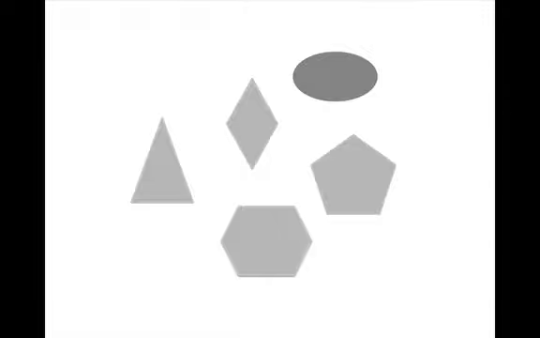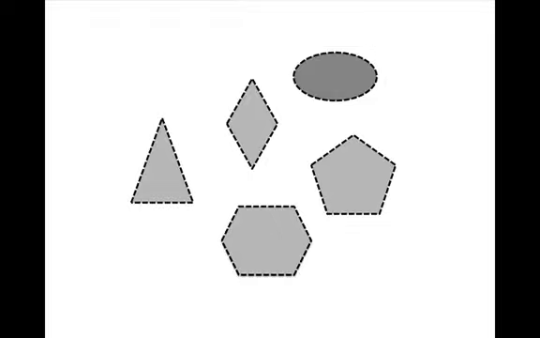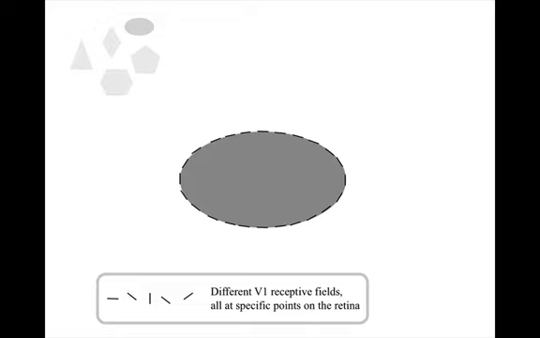So if this were the overall visual field being observed, different shapes in different locations, V1 neurons corresponding with boundary elements around the edges of all these objects would detect their receptive fields. Let's focus on just one of the objects. V1 neurons corresponding with boundary elements all around the periphery of this object are detecting their receptive fields.